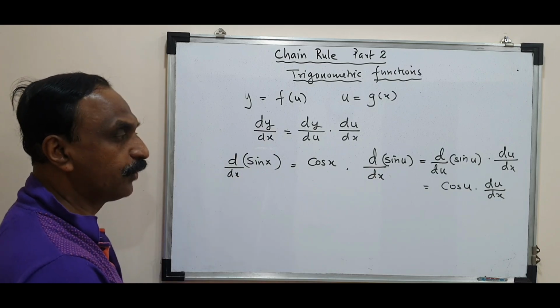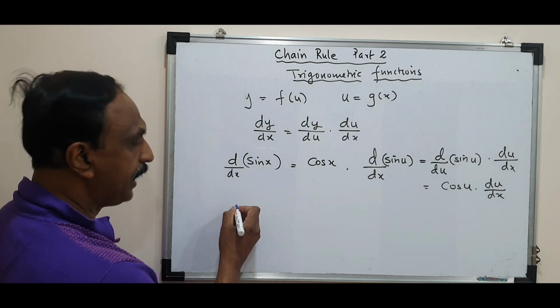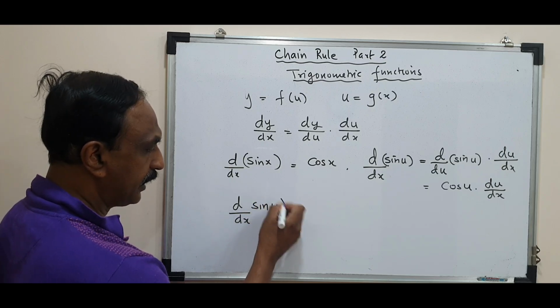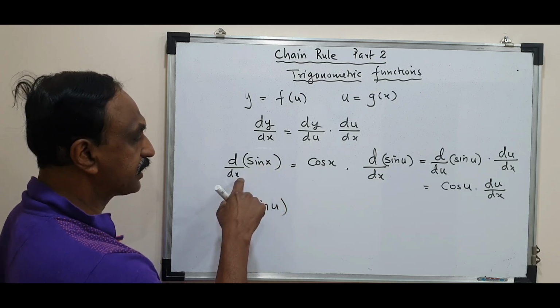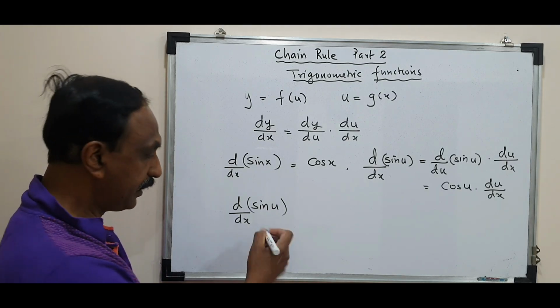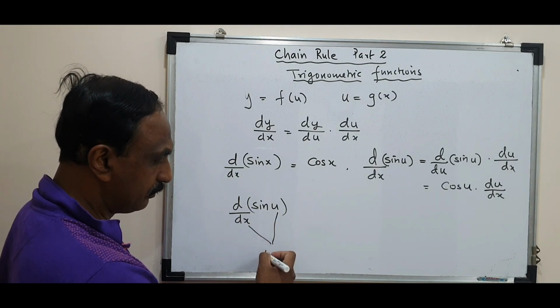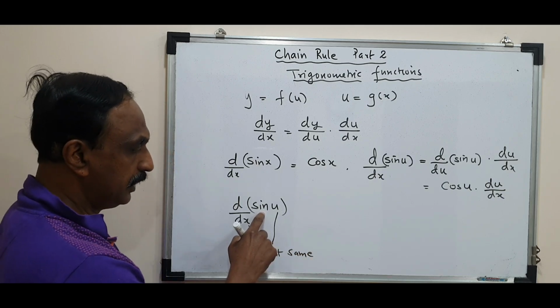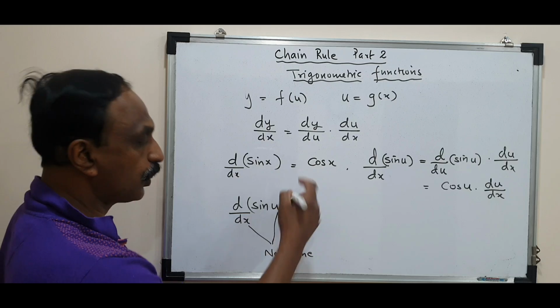Let's try to understand the formula a little better. When I differentiate sin u, that is when the angles are different; when angles are same, directly cos x. When the angle and the variable of differentiation are different, not same, then what should you do? The derivative of sin x is cos x.